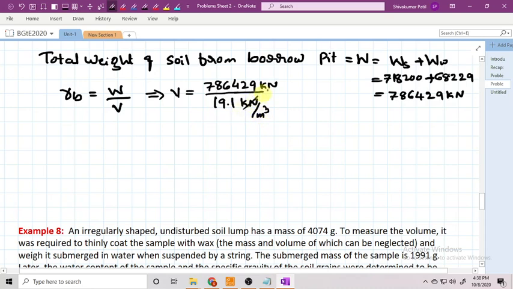The kilonewton gets cancelled, and the answer is in meter cube. So your answer will be 41,174.3 cubic meter of soil removed from the borrow pit.